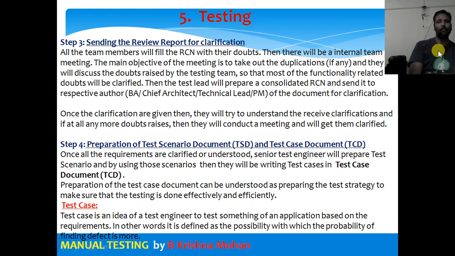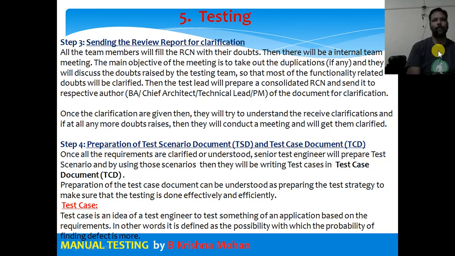Because for those documents there are different authors. For the SRS, the system analyst will be there, and different people have made those documents. The BA is the author for the business requirement specification.